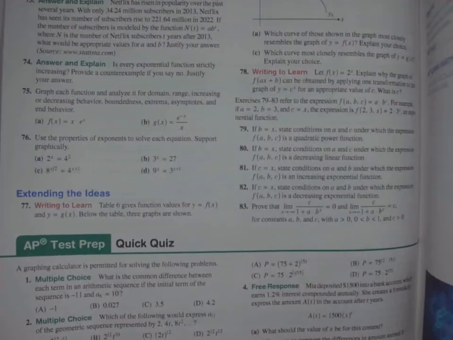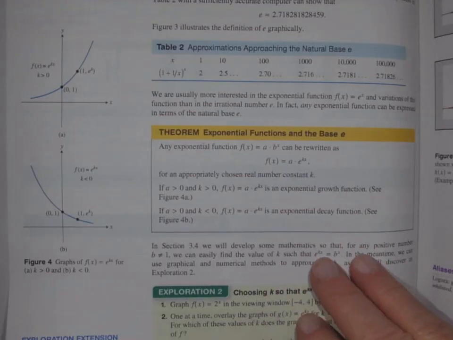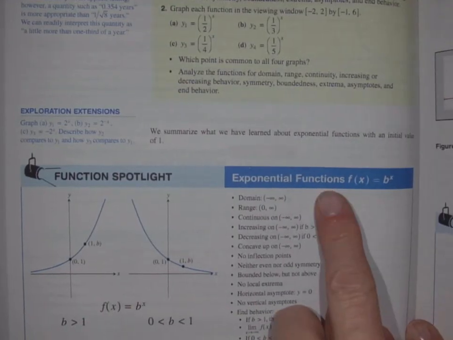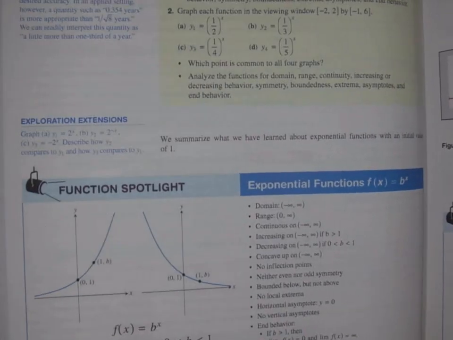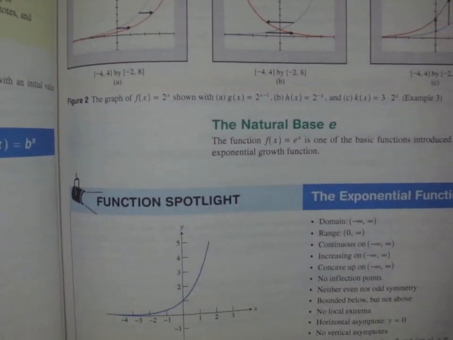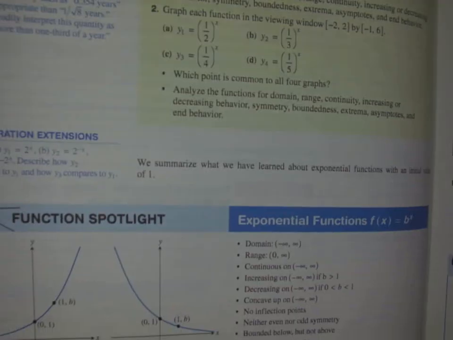Okay, I'm not going to find it, but you know how to flip right there, right? Exponential function, this is when I have a base b, and then if you go to the next page, you have the one with the base e, the natural exponential.